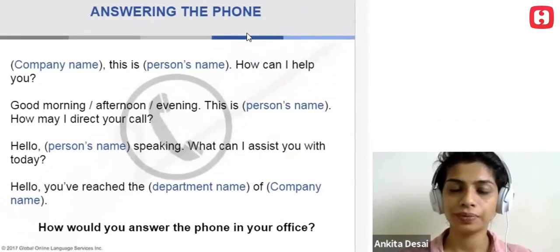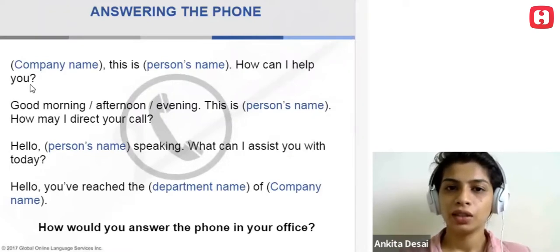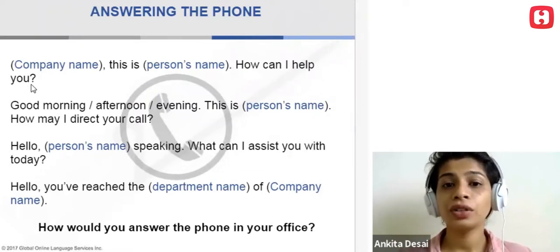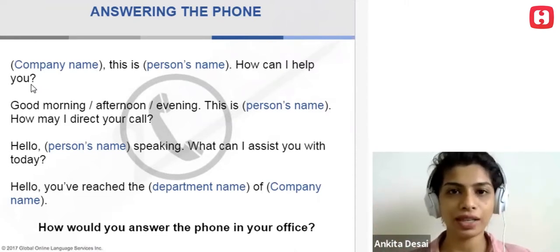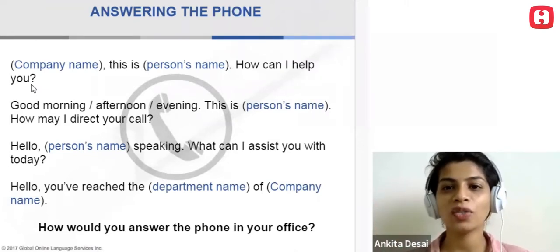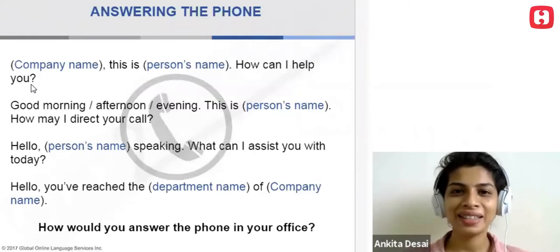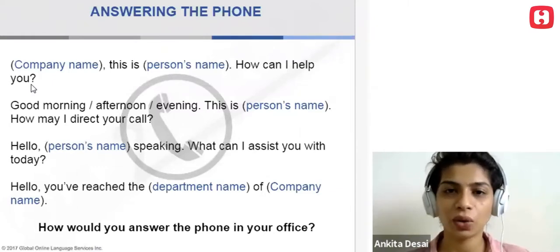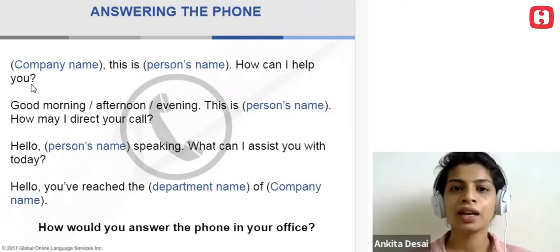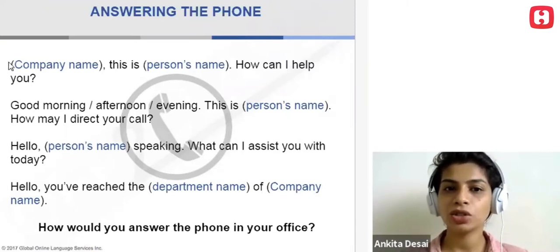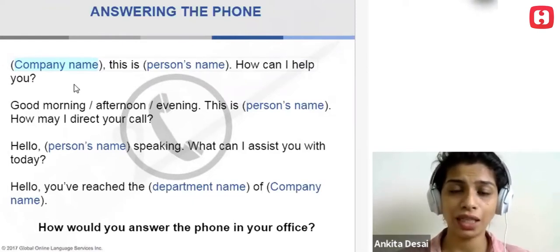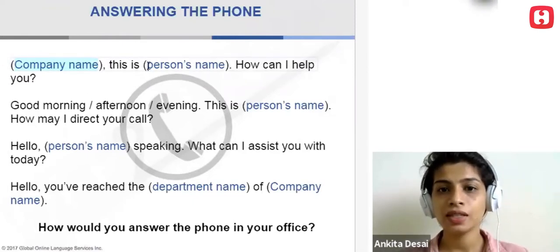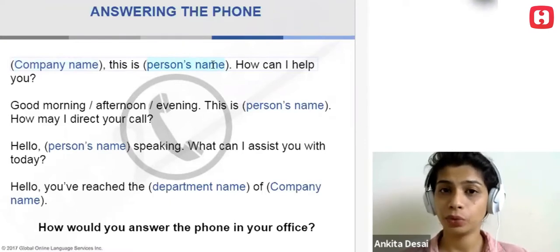Answering the phone. Okay, so now what are the different ways of answering the phone? In an office setting, of course not at home, these are the words and phrases that you can use in order to answer the call. So first you mention the name of the company, for example, Microsoft Inc. This is Ankita.